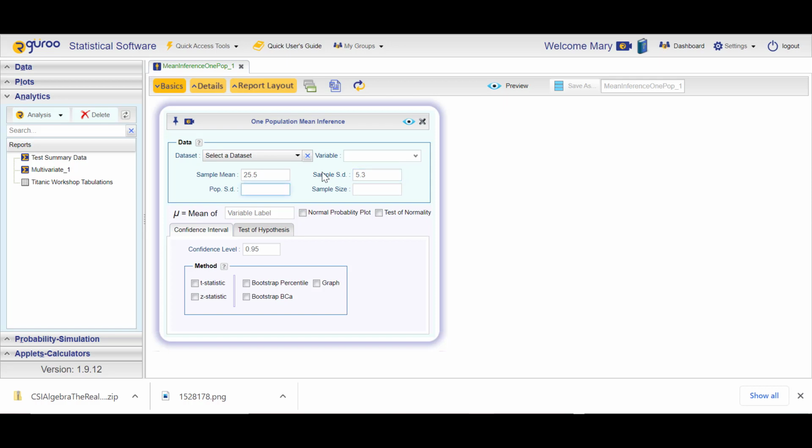We don't know population standard deviation. Our sample size is 360. Our variable label is the mean weight of one-year-old baby boys. And we're going to do a hypothesis test.